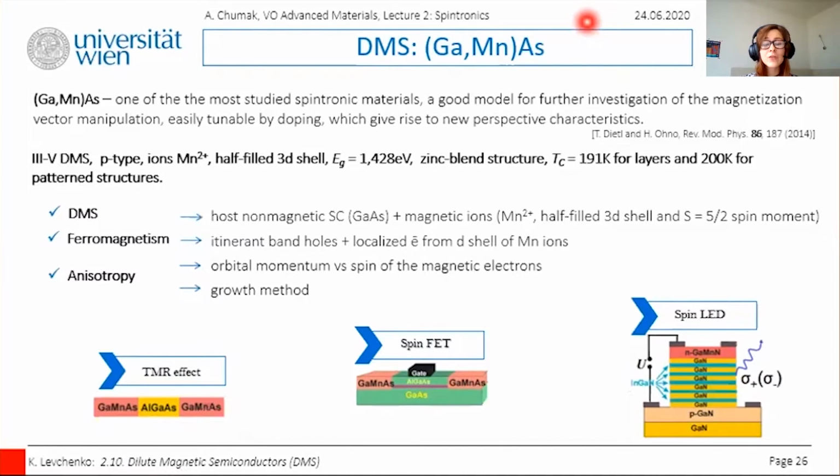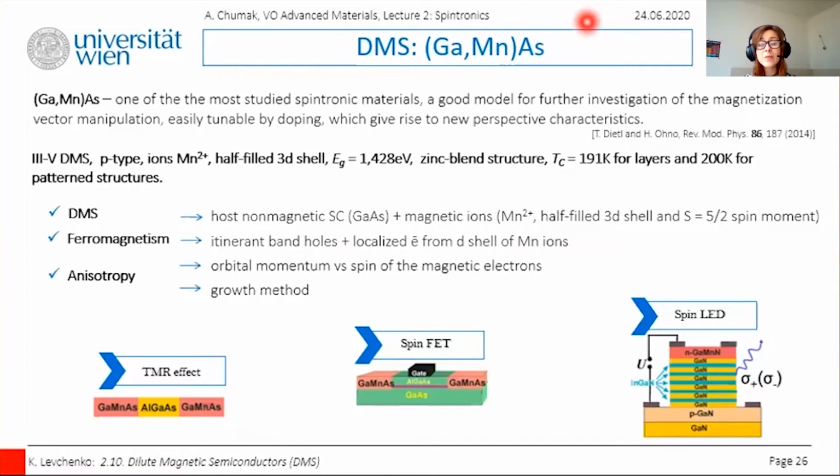This III-V dilute magnetic semiconductor is p-type. Again, the transition metal ions used here are manganese. They are manganese 2+ with a half-filled 3d shell. The band gap for a typical manganese concentration of 6% is 1.43 electron volts.